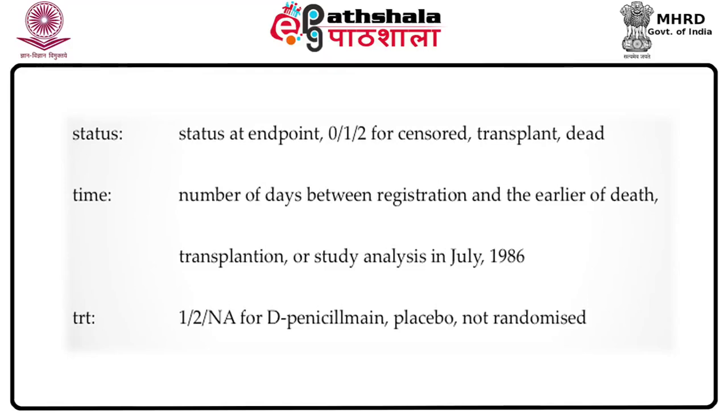Time is the number of days between registration into the study and the first of whether death, transplantation, or study analysis took place. The treatment is 1 or 2 or NA, depending on whether the person was included in the clinical trial of D-penicillamine or whether he was not a part of the randomized trial.